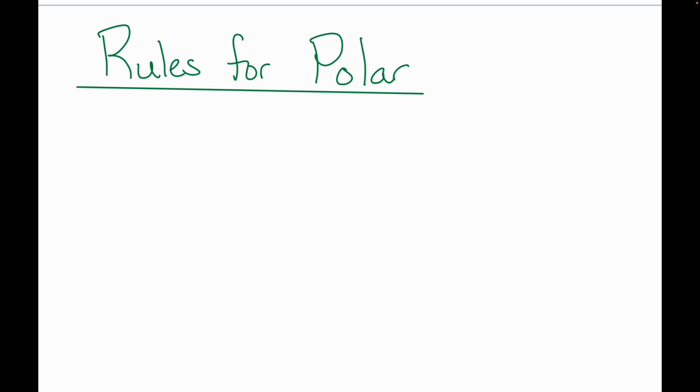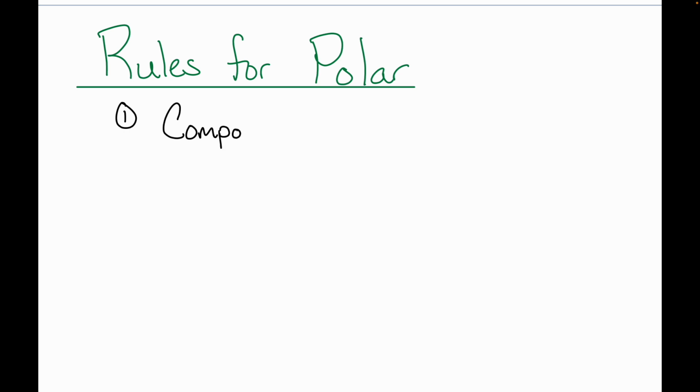Okay, so now we're going to talk about our rules for being polar. When we look at a molecule, how are we supposed to be able to classify it as being polar or nonpolar? Rule number one, the most important rule, is it has to be composed of polar bonds.